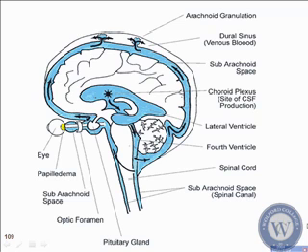And then the middle portion right here, where it all combines, is the third ventricle. The third ventricle then opens up via a small duct here and goes down into the fourth ventricle. Once you get into the fourth ventricle, you get different openings: the lateral ones are the foramina of Luschka, and the one in the middle is called the foramen of Magendie. Okay.